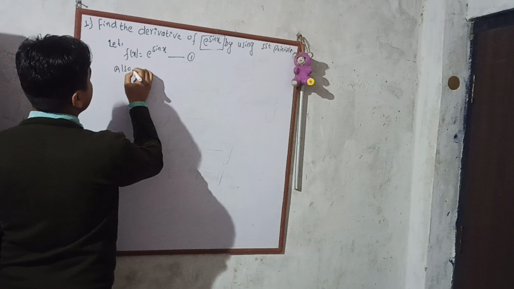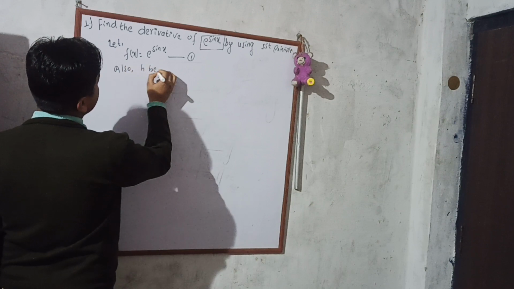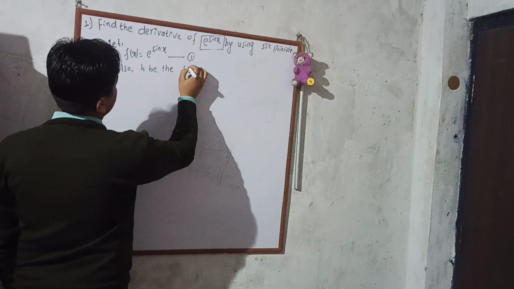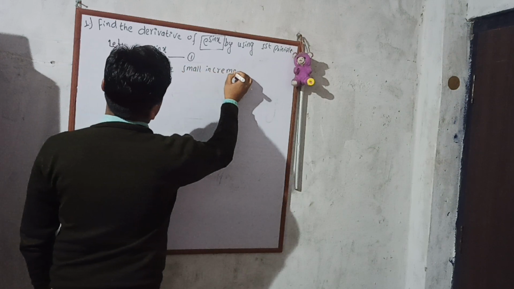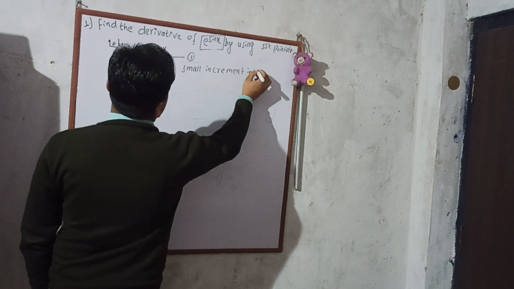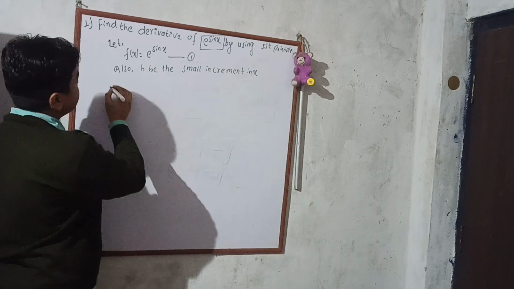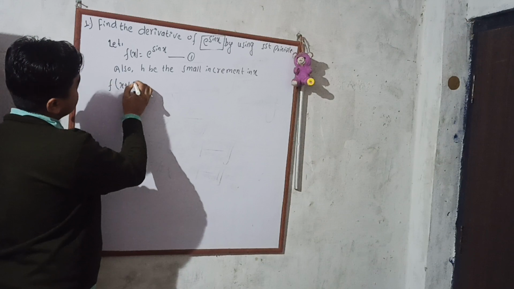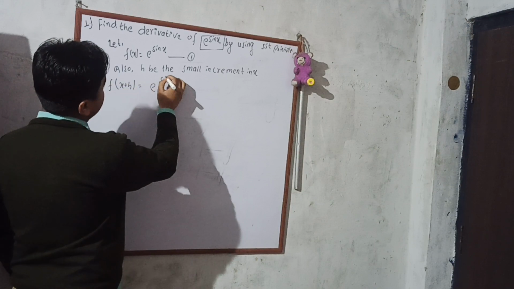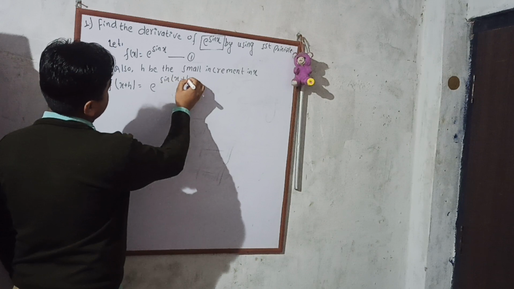Also let h be the small increment in x. Then you can write f(x plus h) is equal to e to the power sin(x plus h).